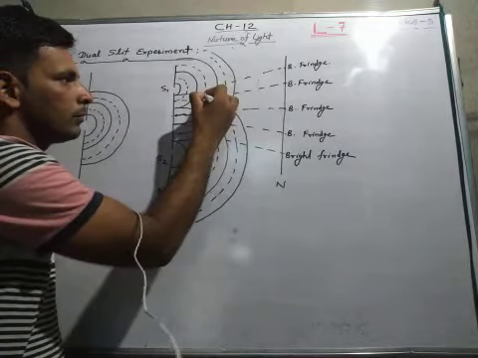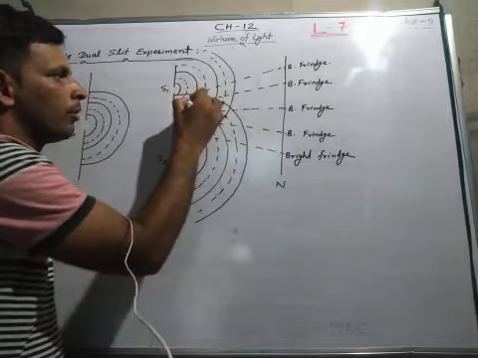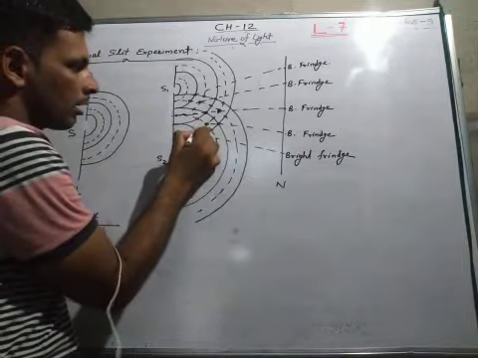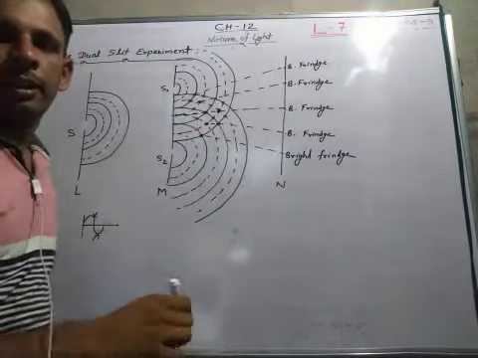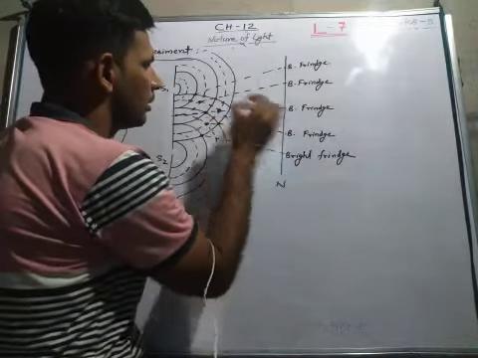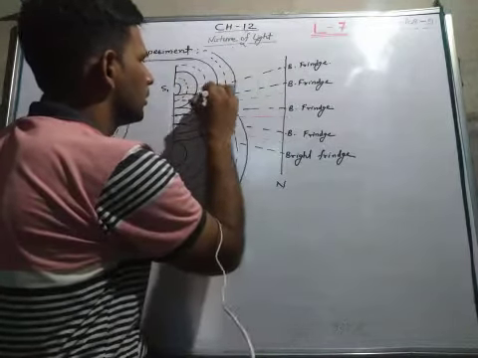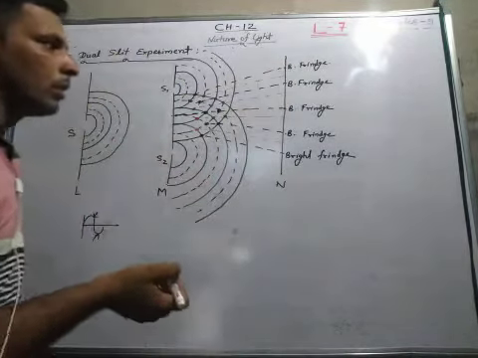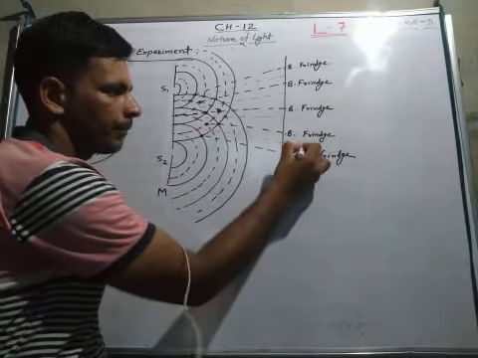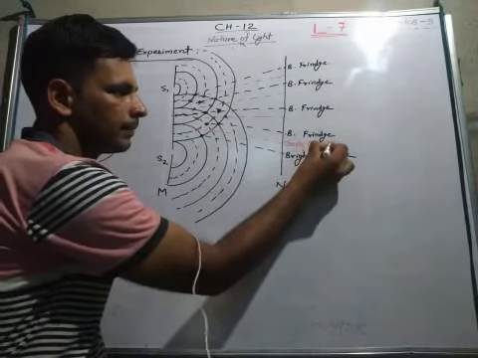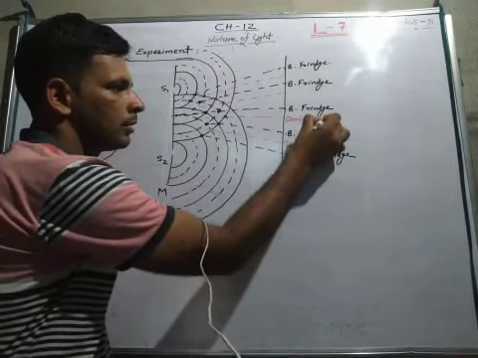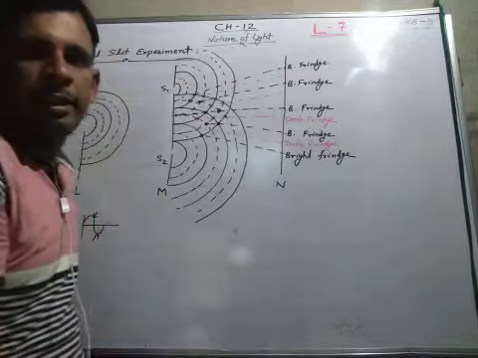Then we find destructive interference here, and the dark fringe is made by destructive interference.